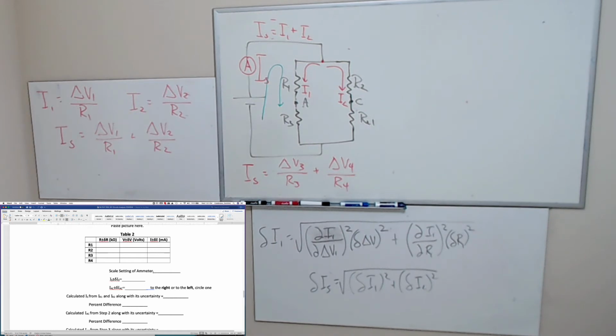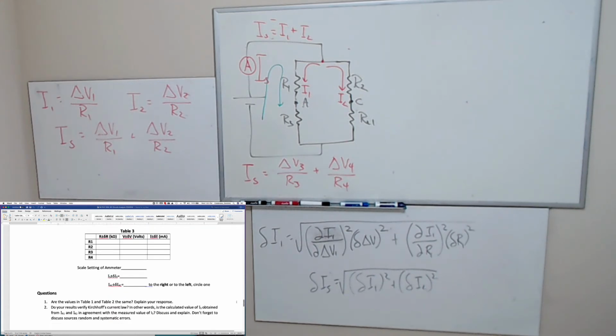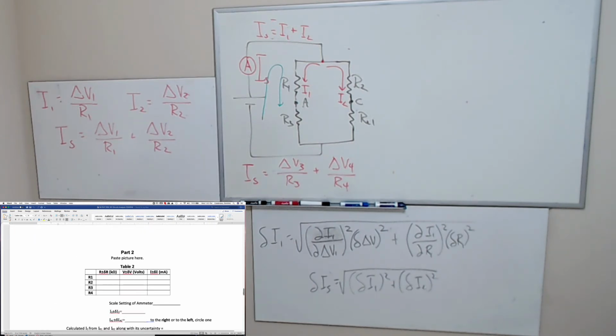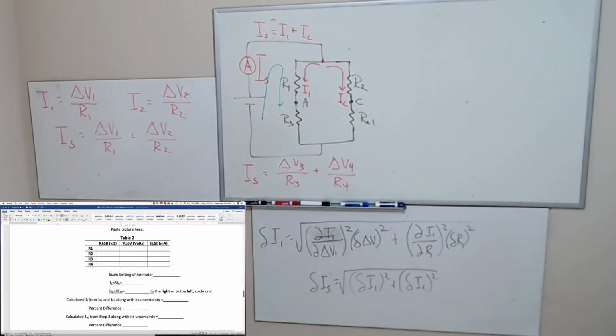Then if you can't do the 10 amp scale, then do the 200 milliamp scale. So make the measurement at the highest current setting possible, and then you're going to repeat the measurement at the next highest. The resistance is going to be different. And so how much of an effect does it have on your results?